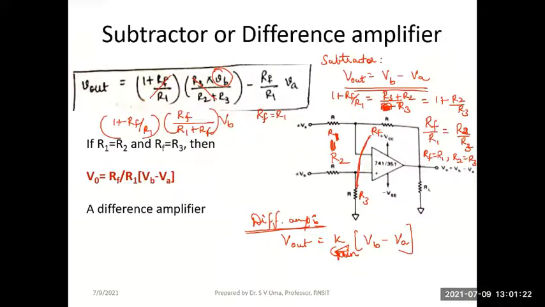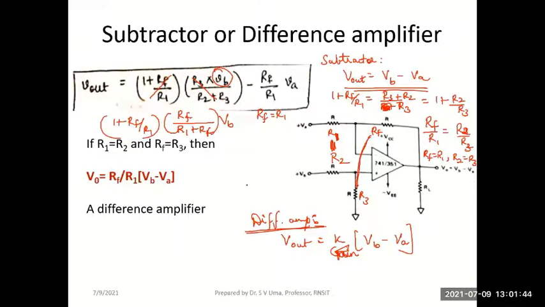So this will be 1 plus Rf by R1 and here also, will it cancel out? Will it cancel out or will it remain? What will remain in this expression?